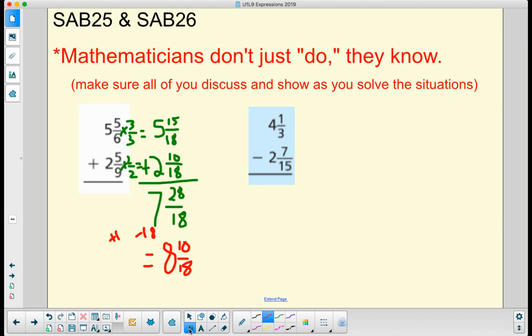I can divide the 10 and the 18 by 2. Now in 5th grade, we don't require you to simplify your fractions, but in 6th grade, they will start to. 10 divided by 2 is 5. 18 divided by 2 is 9. So we ended up changing them back into ninths. 8 and 5/9.